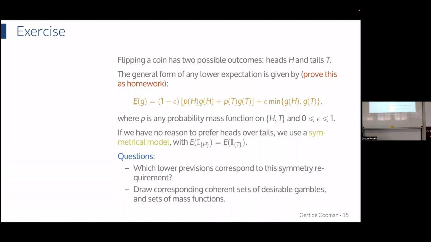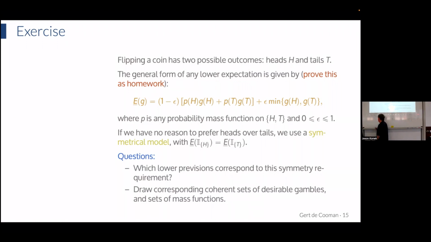Then I have to ask about a different case. Okay, and then, how can we draw it? In this two-dimensional case, I have a set of desirable gambles. And what you see is that this expectation is completely symmetrical if I change heads and tails.